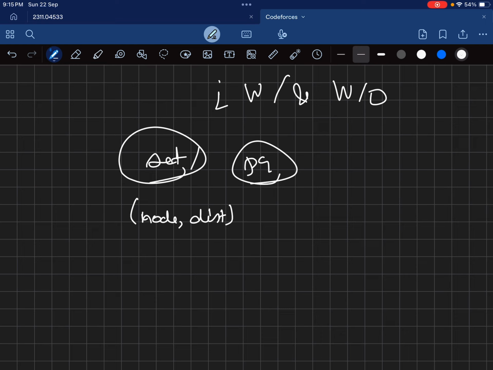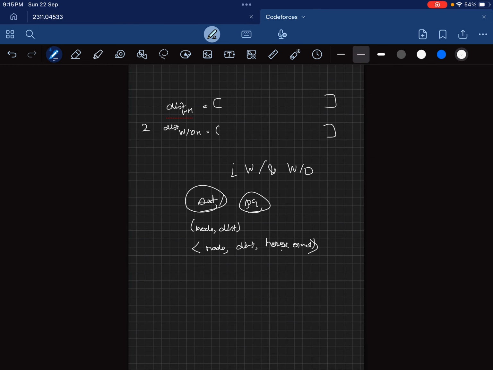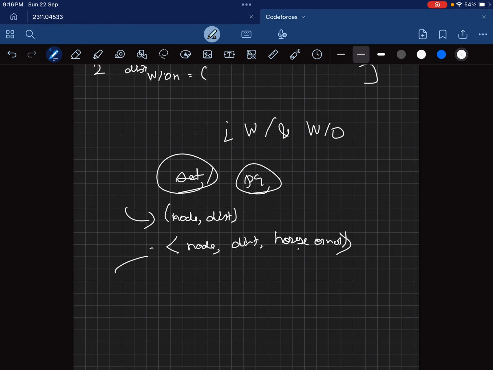Instead, now we are going to maintain a node, a distance, and a boolean which tells whether we have a horse or not. Instead of the pair, we have to maintain this tuple.